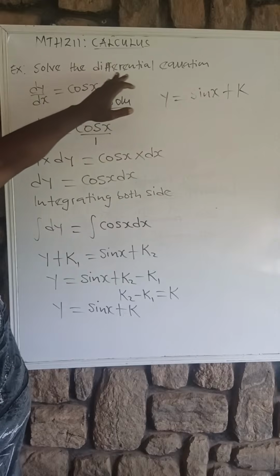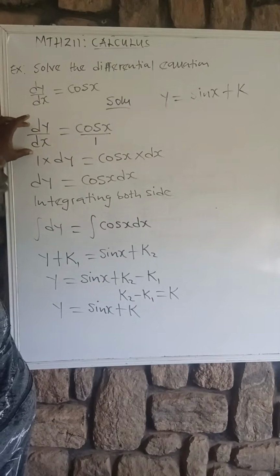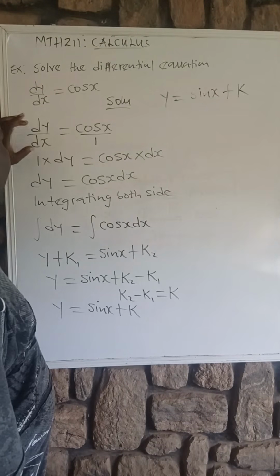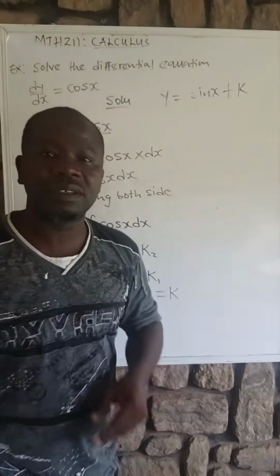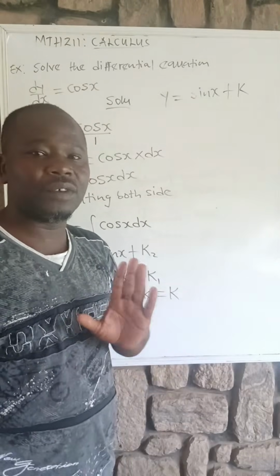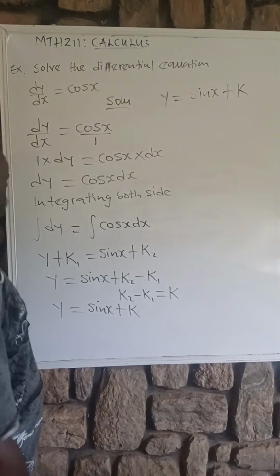Whenever you have been given a differential equation of this form, most especially first order differential equations, you are going to use separation of what? Variables to solve first order differential equations. Is that clear?